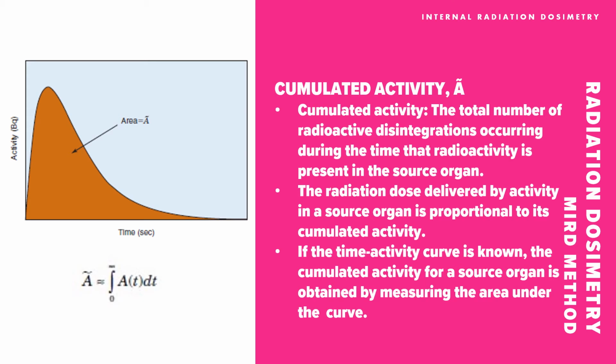You just do an integral, from 0 to infinity, and then you measure the cumulative activity. If you want to measure from 5 seconds to 20 seconds, just put 0 to 20 seconds, and you can measure the cumulative activity by the area below the graph.